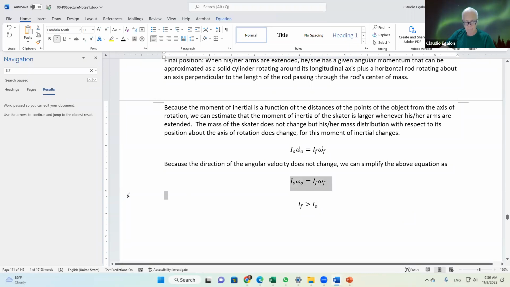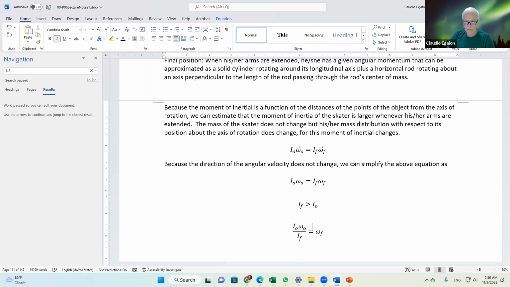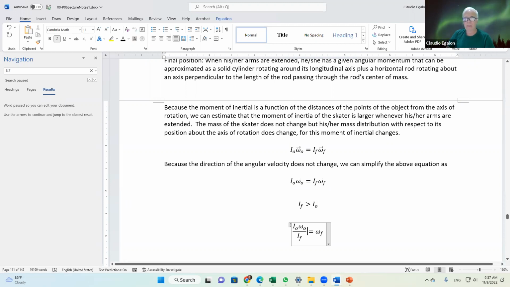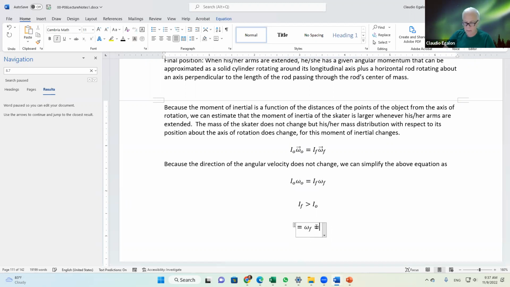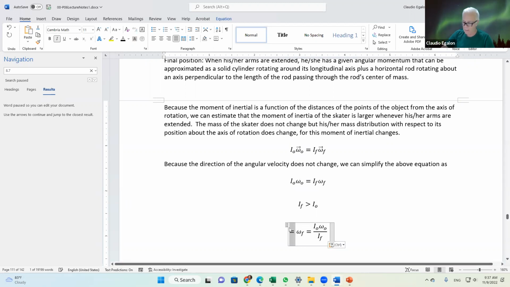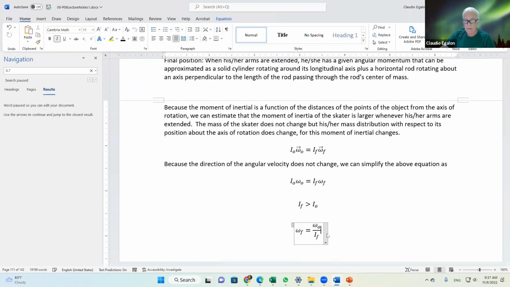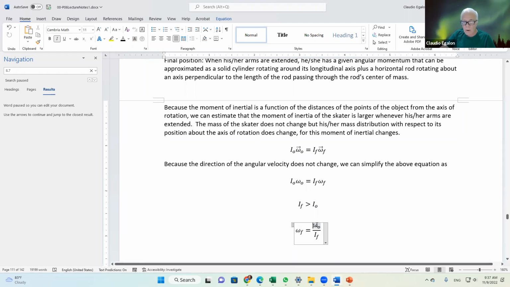So we can find out what the final velocity is going to be. We can pass that to the other side, and that's what omega f is going to be. Let's see here what's going on. I've got to put the omega naught here.